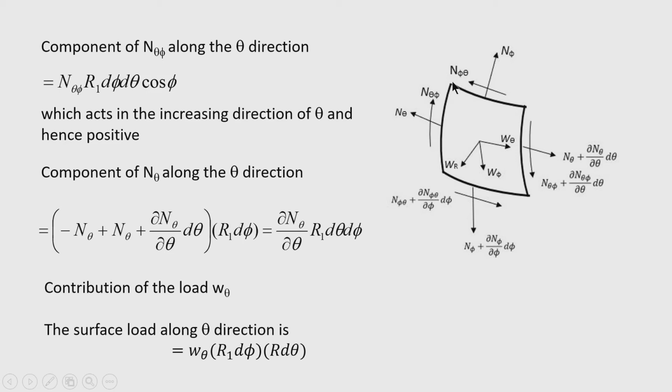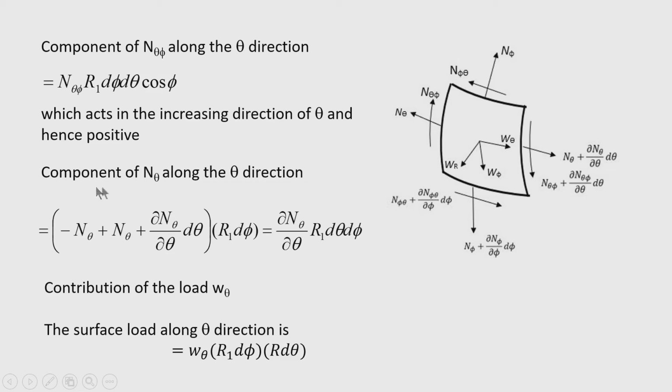For both forces, n theta and n theta plus del n theta by del theta into d theta, the arc length is the same, r 1 d phi. So, after simplifying we get the component of n theta along the tangent to the parallel circle, that is del n theta by del theta into r 1 d theta into d phi.